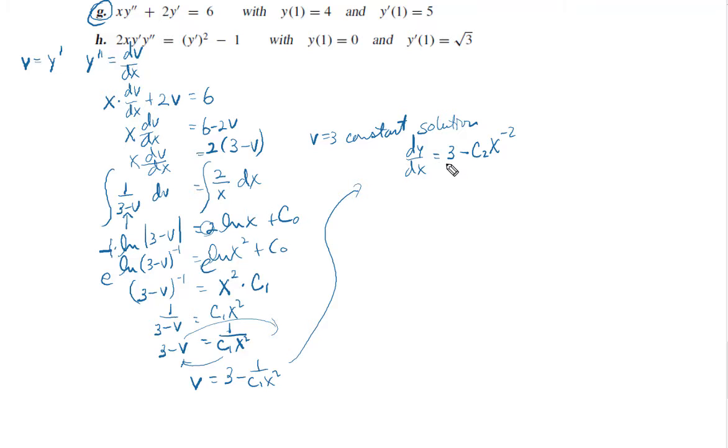And so we want to substitute our initial conditions here. dy/dx is 5, and x is 1. So that comes out to be 3 minus c2 equals 5.